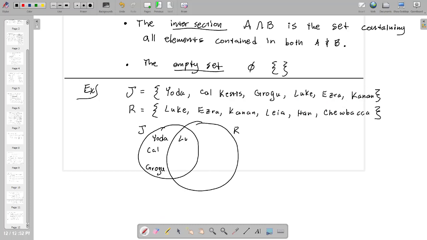So they would go here within the circle that is J and within the circle that is R. And then the elements that are in R but not in J, so outside the circle of J but inside the circle of R, would be Leia, Han, and Chewie.